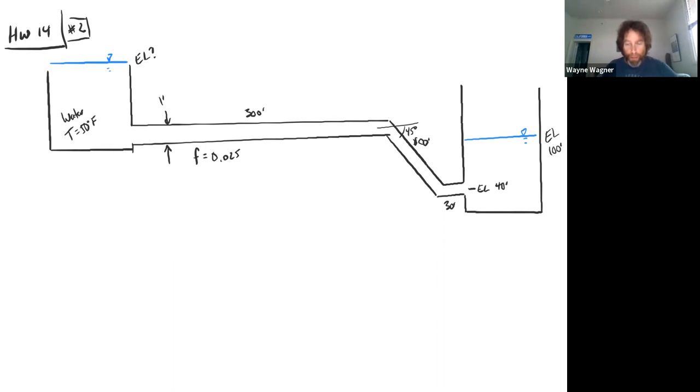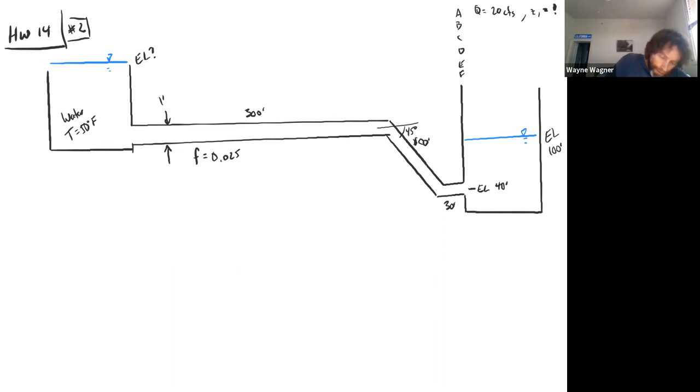Maybe I'll put what we want up here because there are a lot of them, A through F. A: Q equals 20 CFS. Then what is Z1? Z1 equals what?